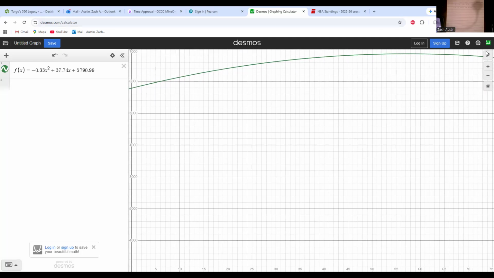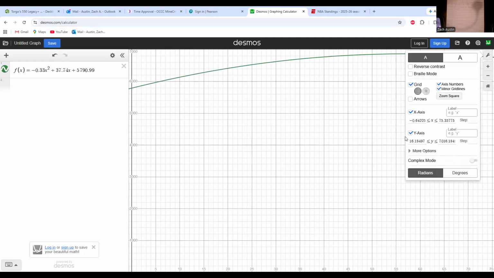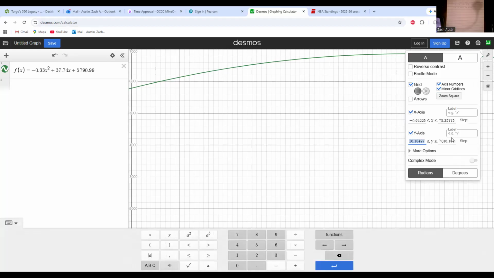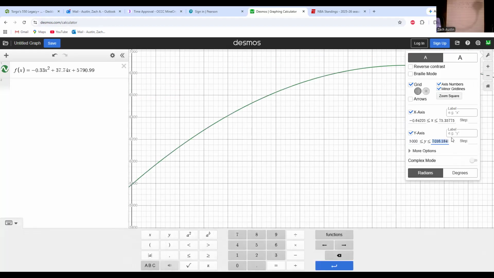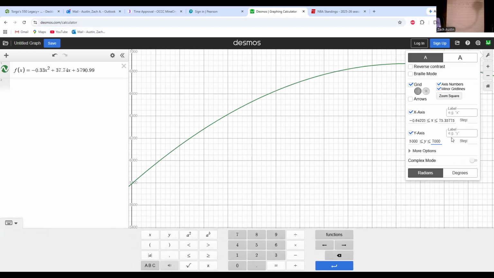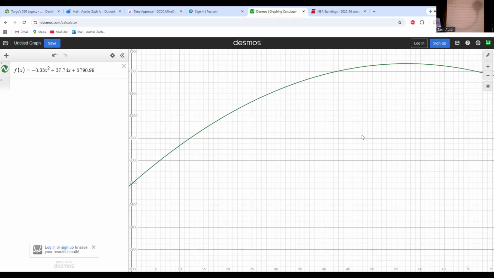Let's change our Y values here to 5,000 to 7,000, and I'll have a better picture of what's going on. I can see that U-shaped curve that I expected. Again, I didn't do anything wrong there. I didn't get the window exactly the way I wanted it the first time. That's okay, that's part of the process, right? We're guessing and checking a little bit until we get a good picture of what's going on.